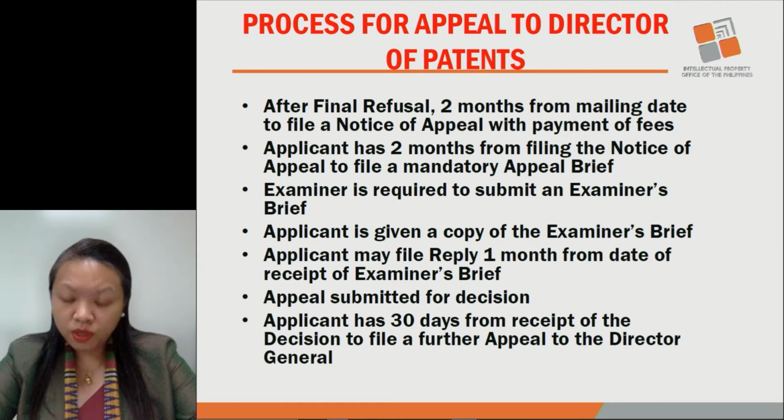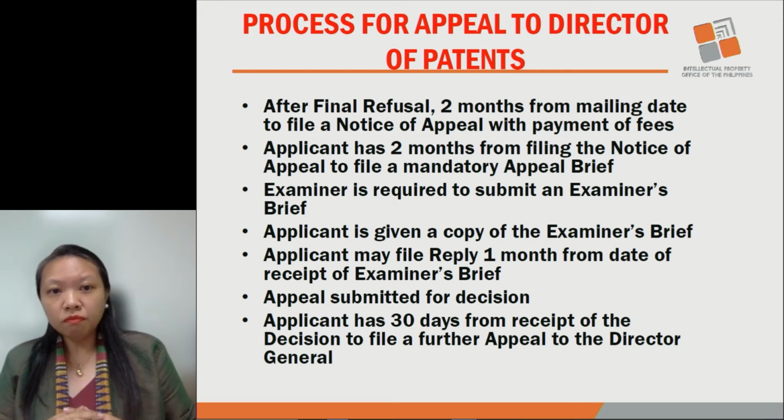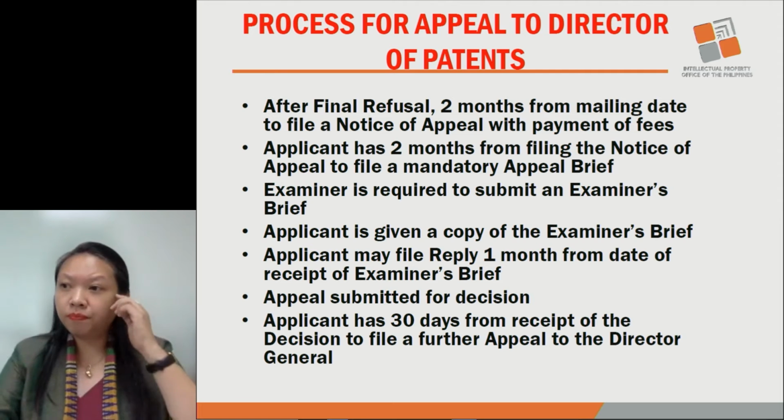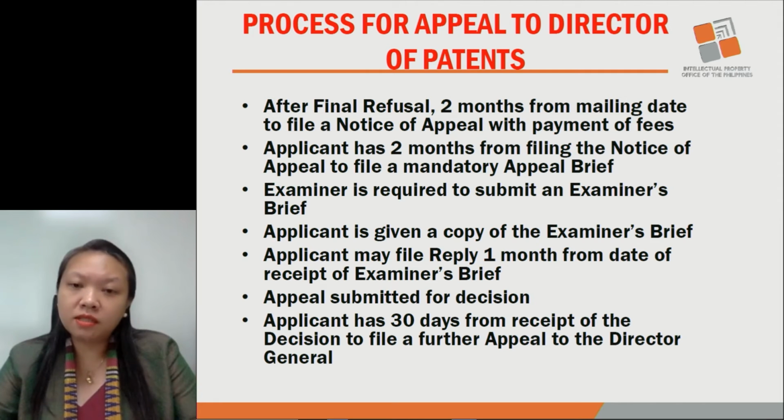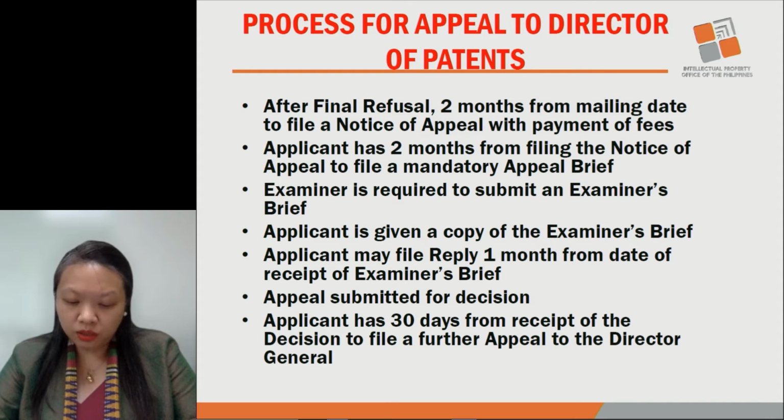There is no hearing or oral proceedings involved in the appeals process. And after analyzing the file wrapper as well as the appeal and the examiner's brief, we issue a decision.